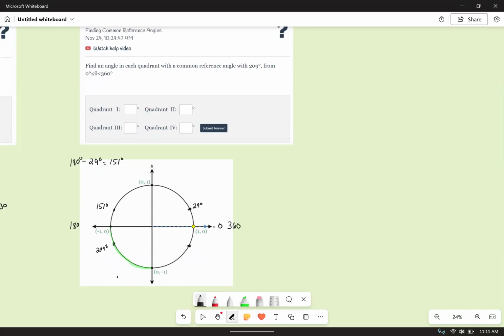So that would be 360 take away that 29 degrees, and that's going to be 331 degrees. So your quadrant 1 is 29 degrees. That is the reference angle. Then you got 151. Then you've got 209. And then you have 331.